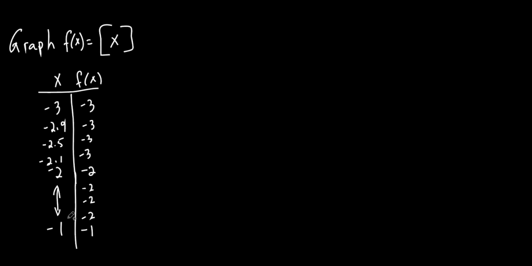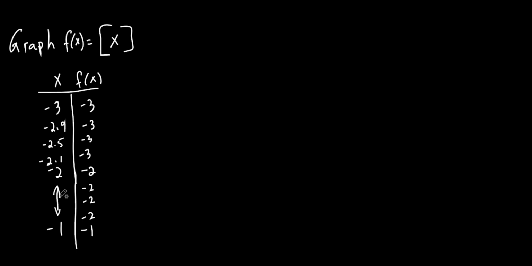We're finding the greatest integer that is less than or equal to that number in my chart. So what is the largest integer that is less than or equal to -2.9? Well, -3 is. You get it?